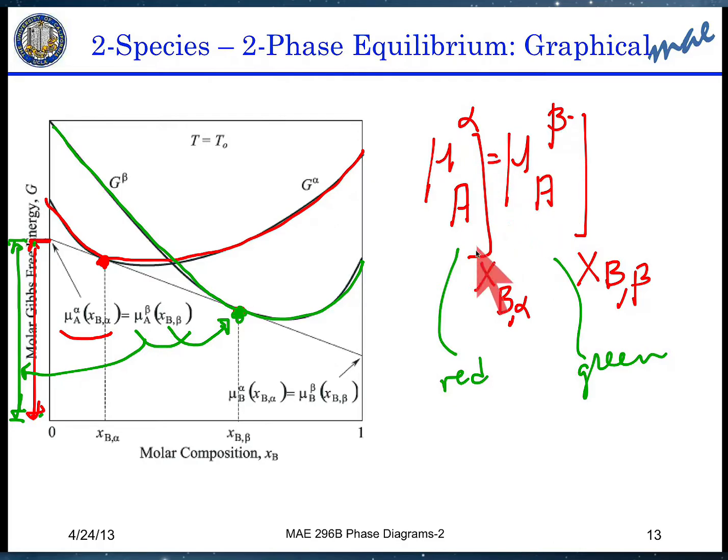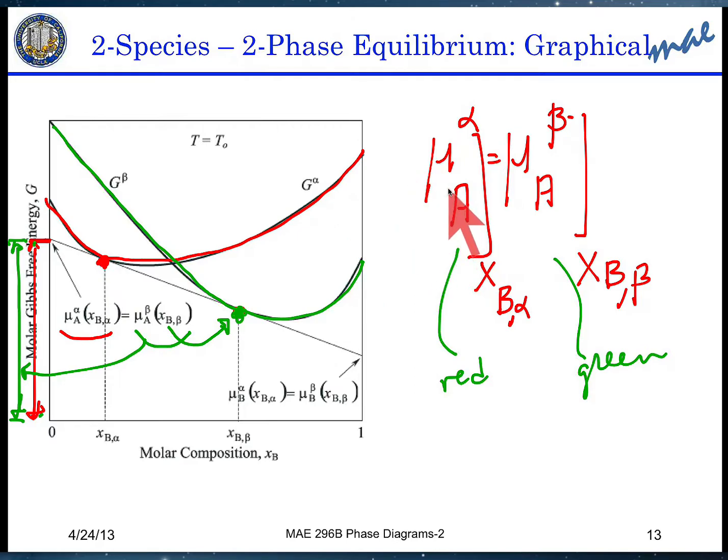That is evaluated at the concentration of element B in phase alpha, and this one here is evaluated at the concentration of element B in phase beta. This is the green line, so this is the green point where it is calculated, and this is the red line, and here's the red point where it's calculated.